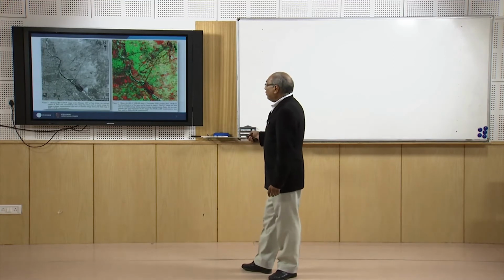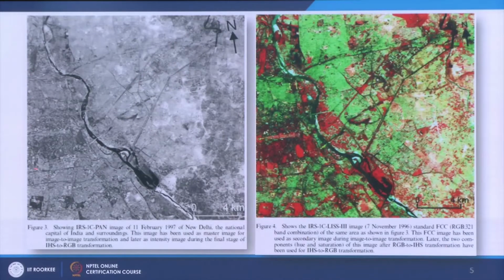One example of the Delhi area is shown here. What we are seeing is an image of the Delhi area, a panchromatic image from our own Indian Remote Sensing satellite, which was acquired in 1997. Almost in the same year, just a few months before, in 1996, a LISS-3 image of the same area was also acquired.